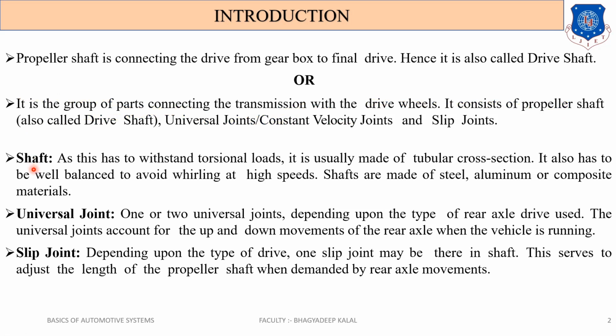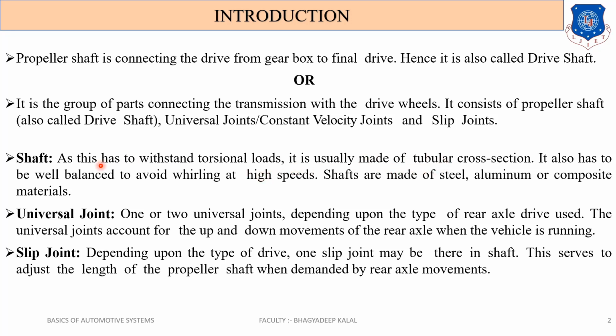Let me explain what the shaft is. It has to withstand torsional load, that is twisting load, which comes on the shaft whenever it is rotating. It is usually made of tubular cross section.